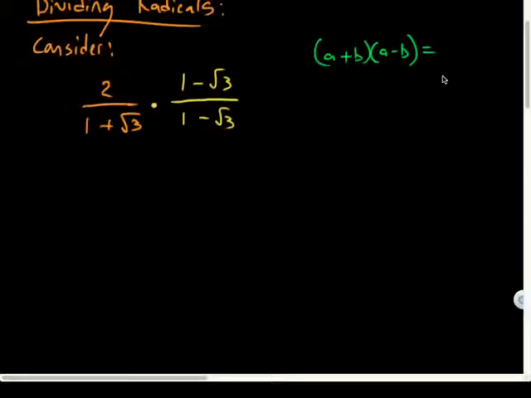And what's the beauty of this pattern? What's this equal to? Does anyone remember? Anybody? No? A plus b in double parentheses squared? No. A squared minus b squared. What is awesome about a squared minus b squared?